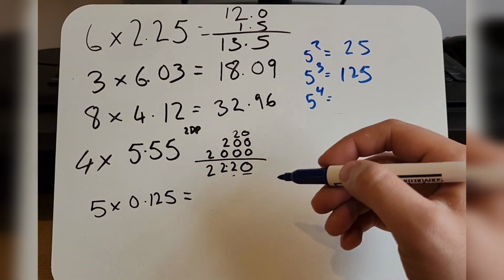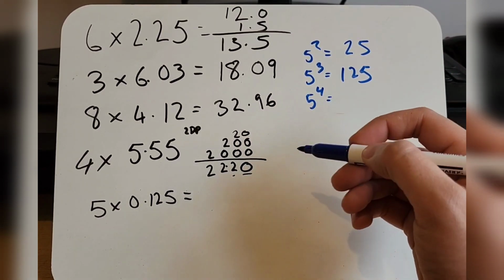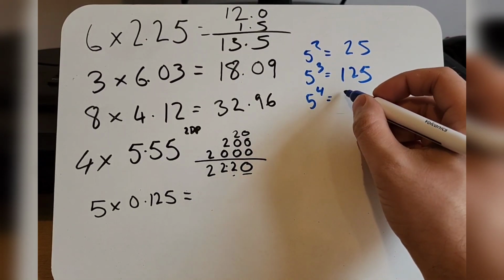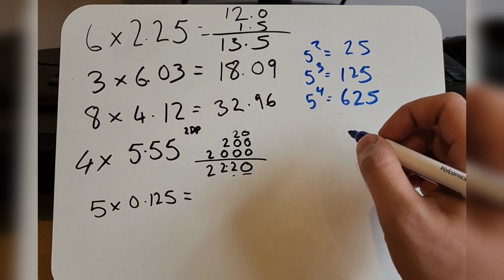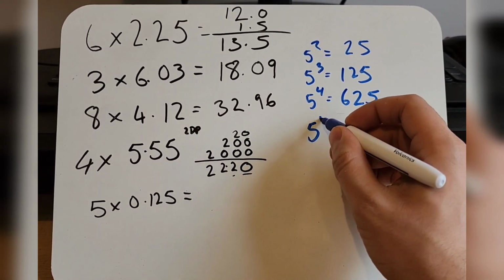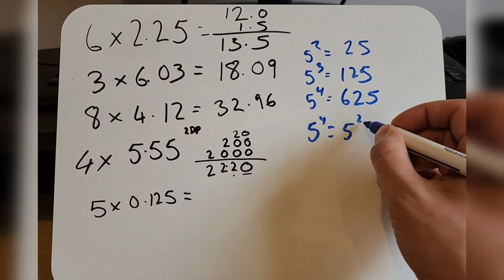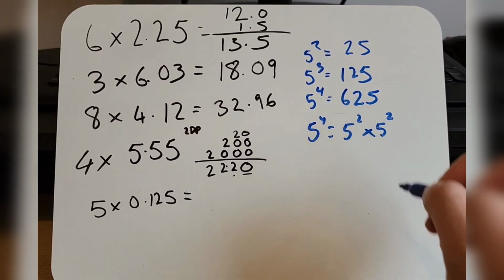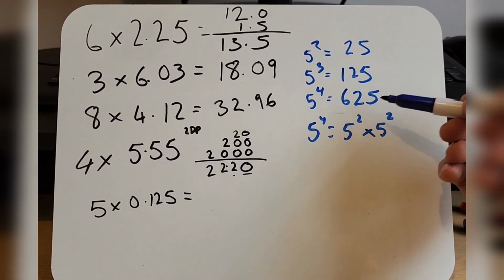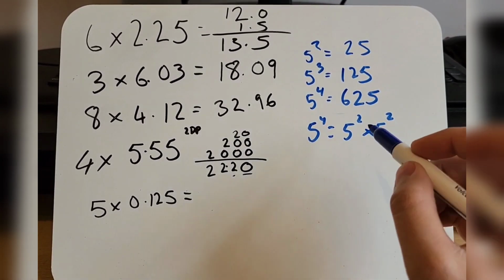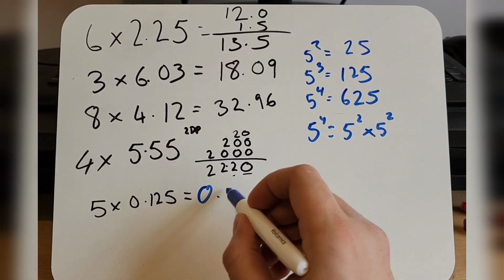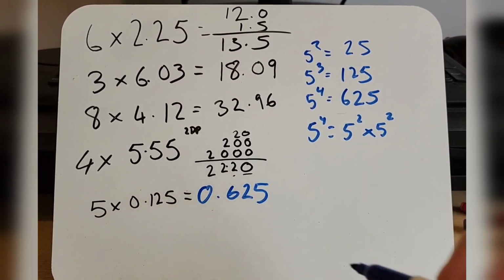And if we times 125 by 5, we get 5 to the power of 4, which is 625. Which is also known as 5 squared times 5 squared. So 25 times 25 will be 625 too. And then we just need to put our decimal in the right place. So it's 0.625.